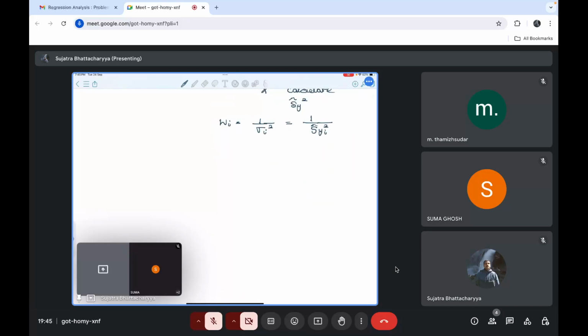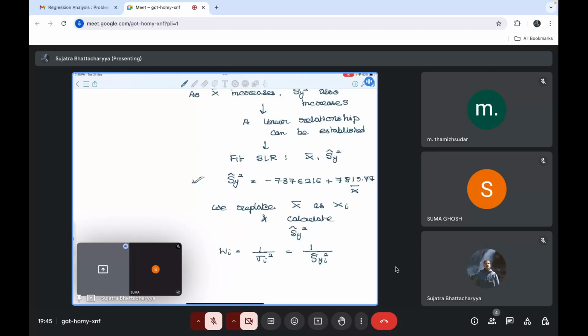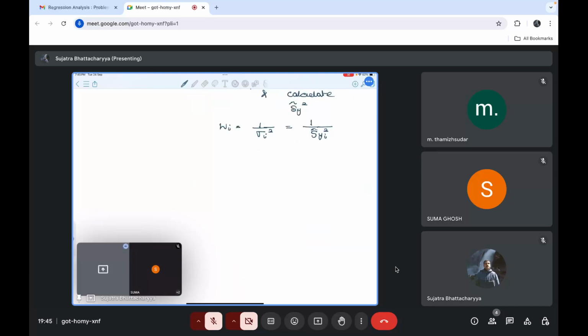Suppose based on this equation, we have got the linear relationship. Let's look at the first observation, calculation of weight. It will be minus 7376216 plus 7819.77 into x1, where x bar is replaced with x1.